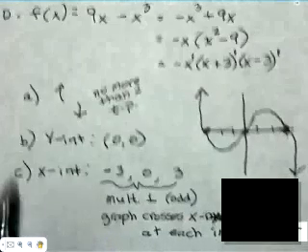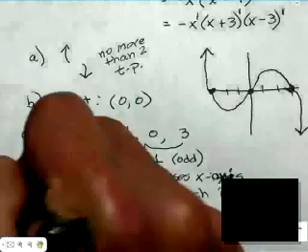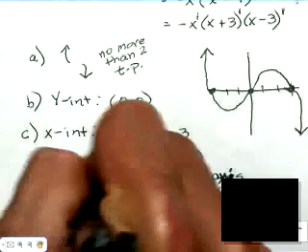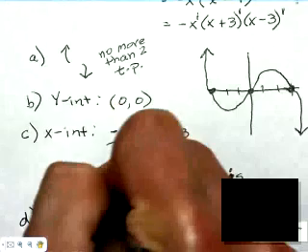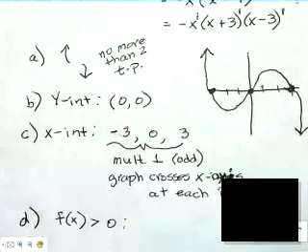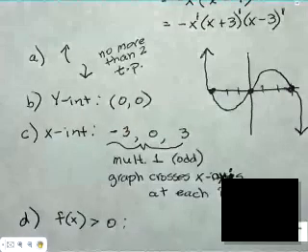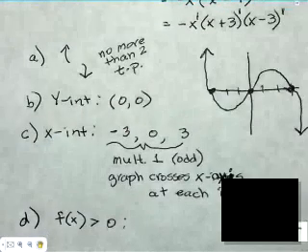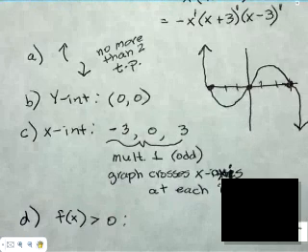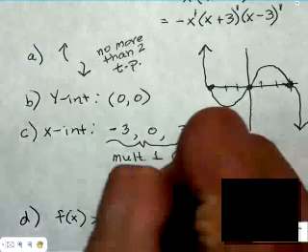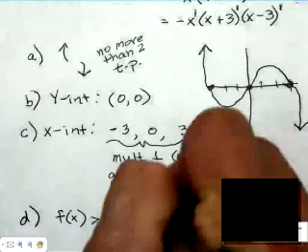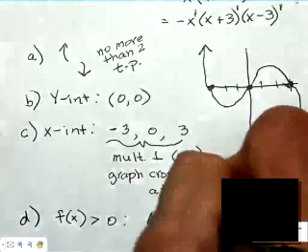What about the D part, where the function values are greater than 0? Give me the x values for which that function is above the x-axis. Good. Anywhere else?